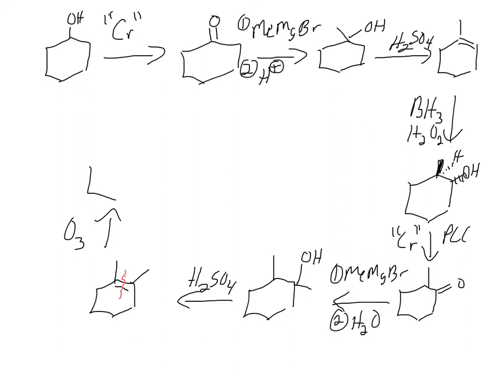So we don't lose any carbons. But what was the alkene now has, and make sure we number our carbons right, 1, 2, 3, 4, 5, 6. I didn't lose any carbons. That's good. And that's it. And that's our merry-go-round. There we go.